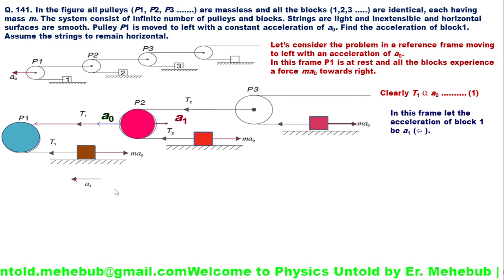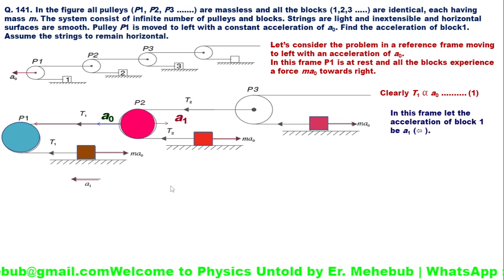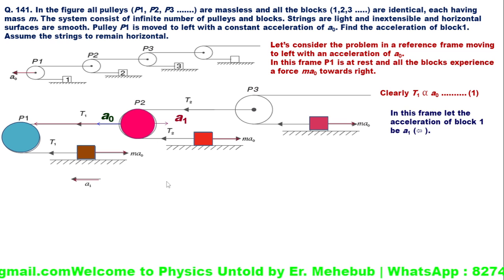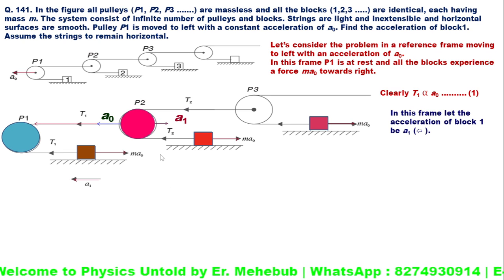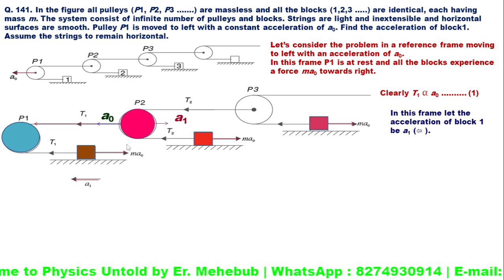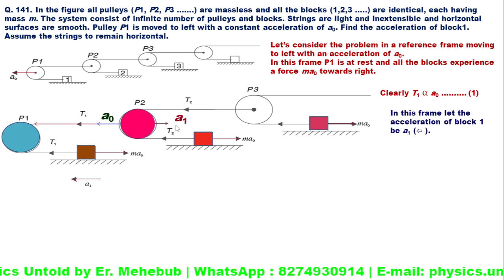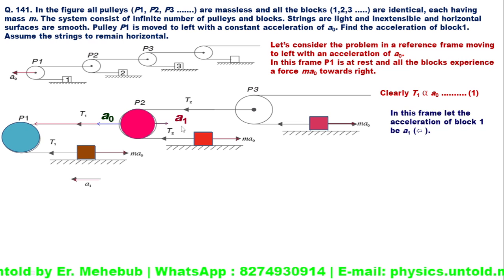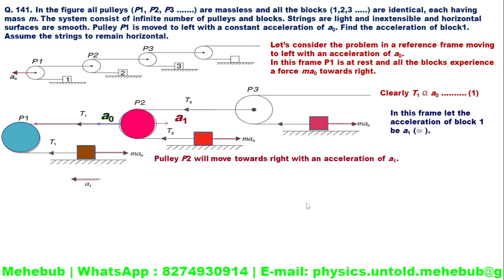So there will be a pseudo acceleration which will appear on the pulley number P2, which will act just in the opposite direction of the applied acceleration a1, or here the real acceleration can be assumed as a0, and the pseudo acceleration can be assumed as a1 for the case of pulley P2.